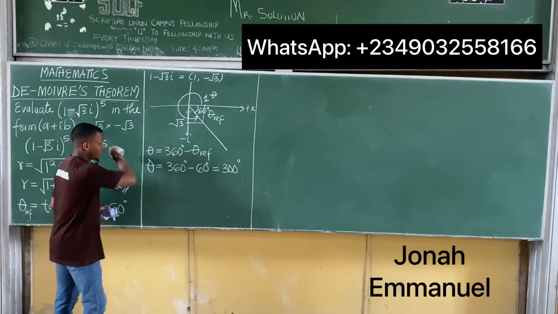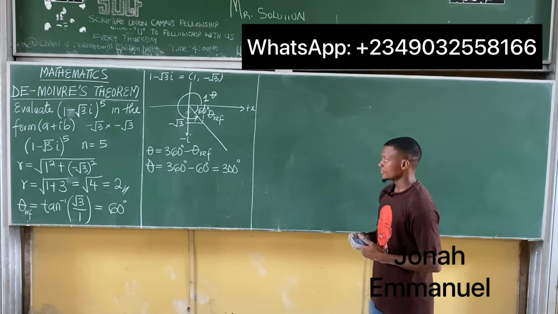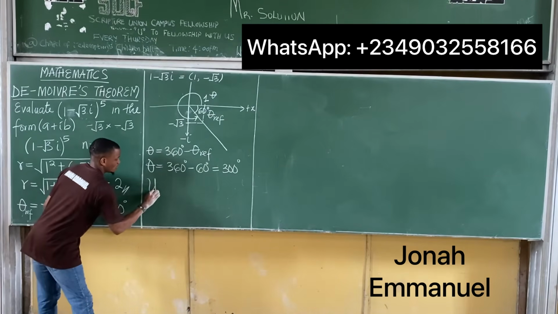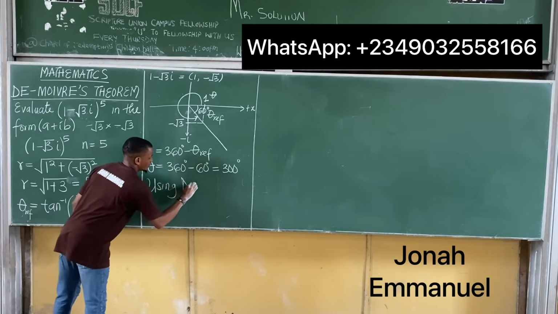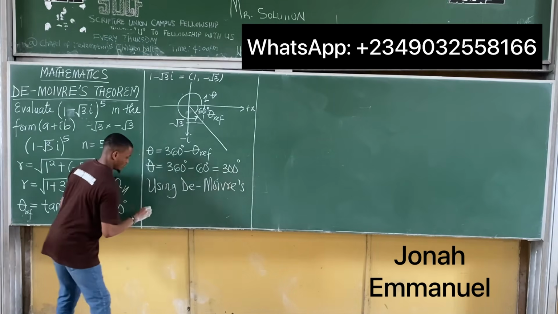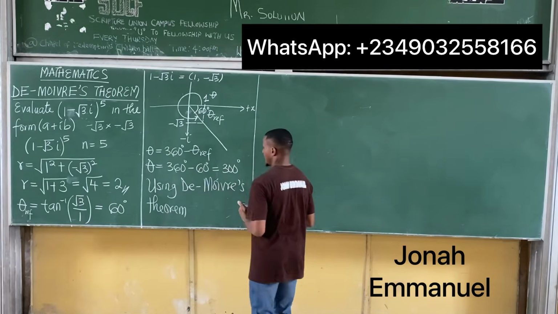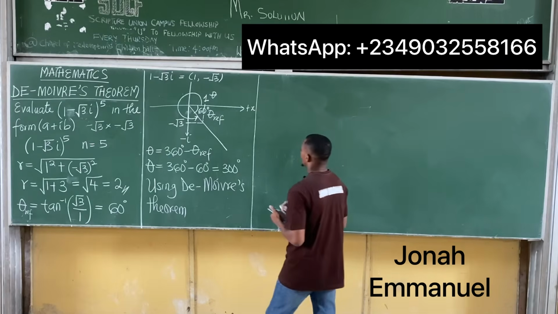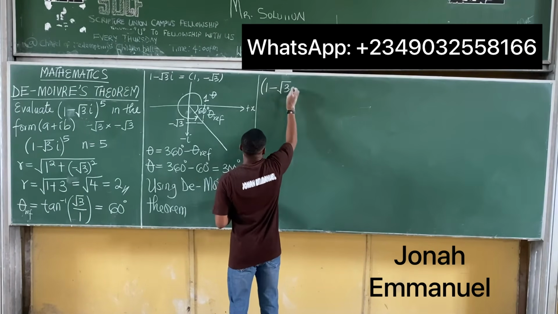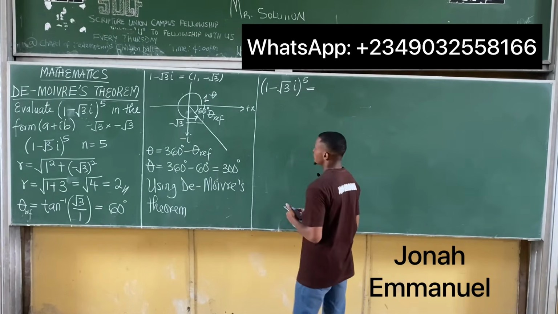This is the real value of the complex number. That theta is equal to 300 degrees. All right, so this is true. We can now use De-Moivre's theorem. So using De-Moivre's theorem, we'll have that (1 minus root 3i) to power 5 is equal to r to power n.